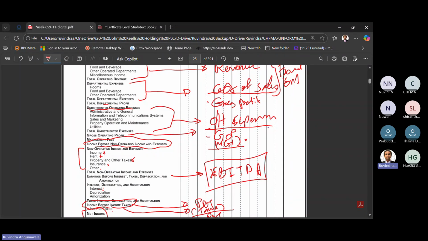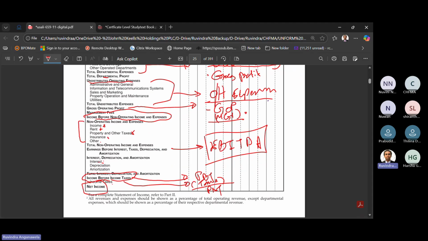And then we have the earnings before interest, tax, depreciation, and amortization. After that, we have the depreciation and amortization and the finance cost or the interest expenses. And then we go on to the profit before tax, the income taxes, and then finally the profit after tax.